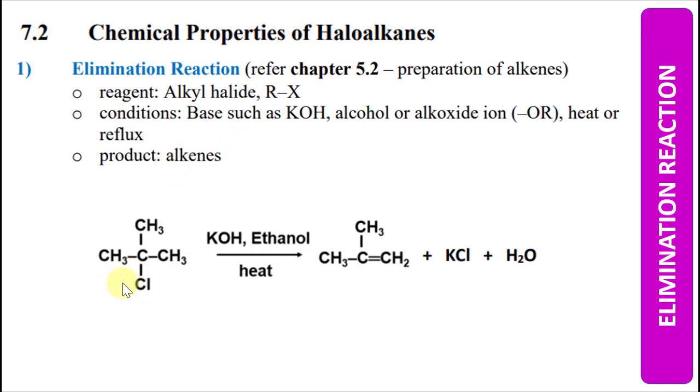So in this reaction, we are going to eliminate our halogen and also the hydrogen that is attached to the adjacent carbon, which is the neighboring carbon. So if we have a symmetrical carbon like this, CH3, CH3, CH3, since these three alkyl groups are symmetrical to each other, if we remove the hydrogen from any other carbon here, the hydrogen on this carbon or this carbon or this carbon, it still will give us only one product of alkenes, which is 2-methyl-propene.